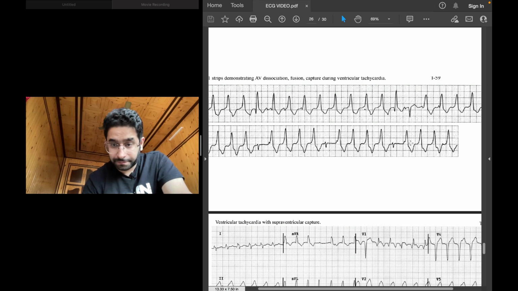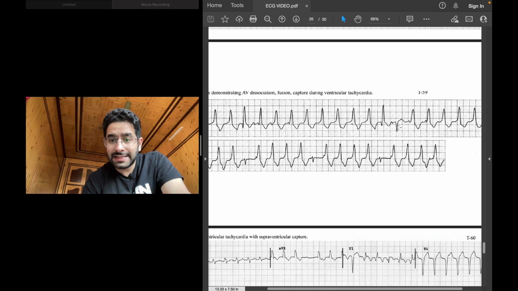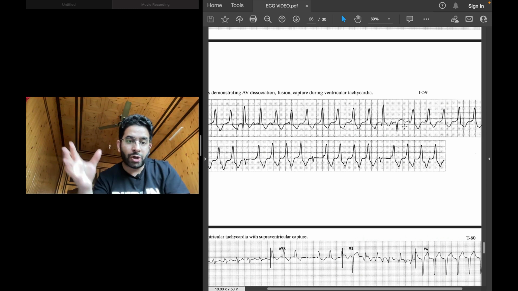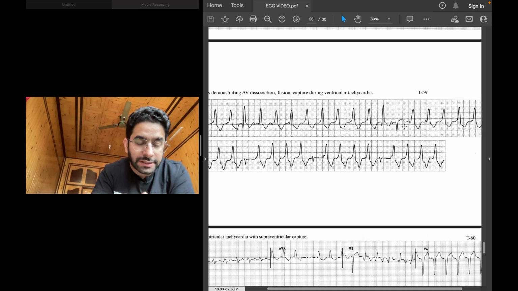And somewhere you find that it neither looks like this very small complex, nor does it look like this tall VT QRS complex. So this is a fusion beat. It's likely a fusion of the sinus beat and the VT.